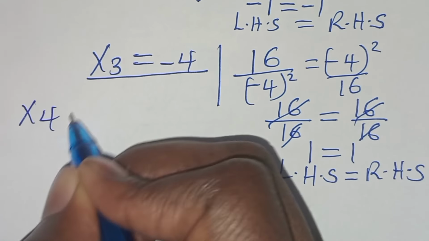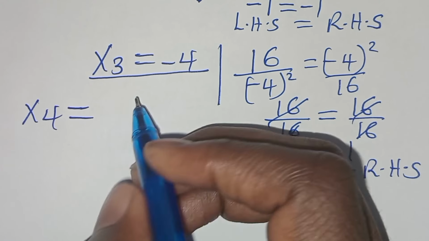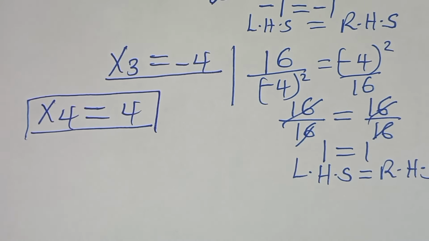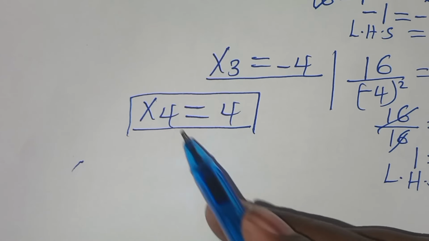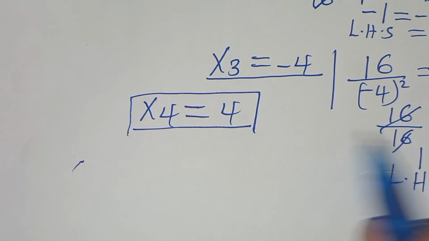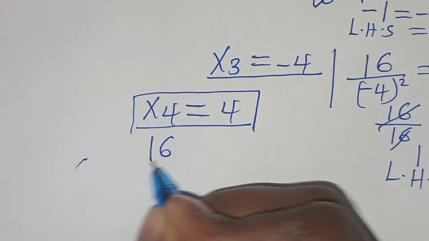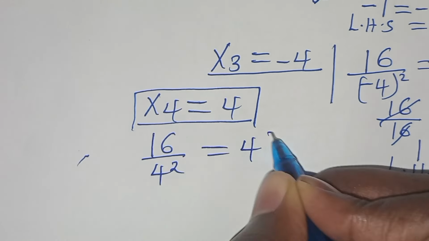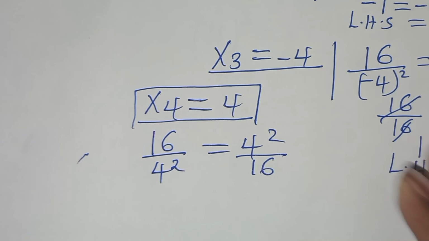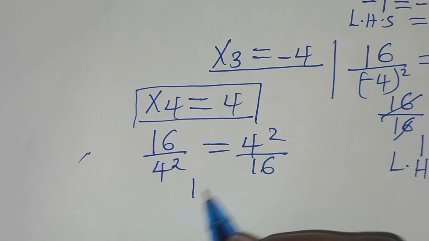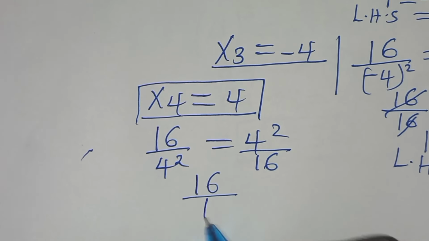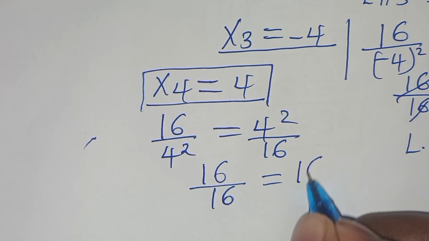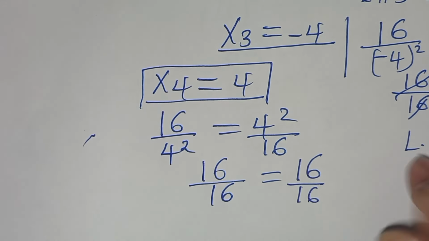Let's check x4, which is equal to 4. So let's substitute this into the equation. Substituting x4, which is 4, back into the equation, we have 16 over 4 squared equals 4 squared over 16. So we have 16 over 4 squared, which is 16 over 16.